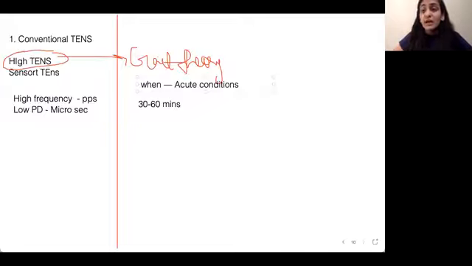They need something that is very comfortable. So for acute conditions, you definitely are going to give conventional TENS. And you can also give it for chronic conditions. I don't say you cannot give it for chronic conditions. Some people cannot tolerate pain, so you can give it. But for acute conditions, it's a must.